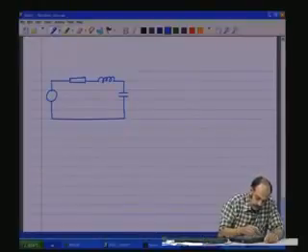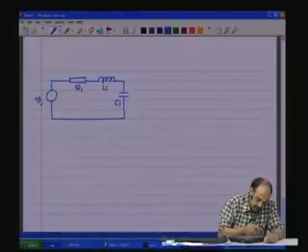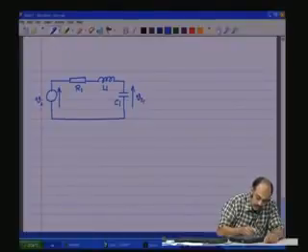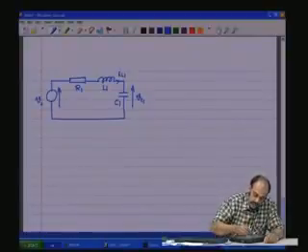Now, I will call this one as R1, L1, C1, VI, and there is VC, there is a state variable VC1, there is a current IL1 through this. So, let us quickly write the state equation.